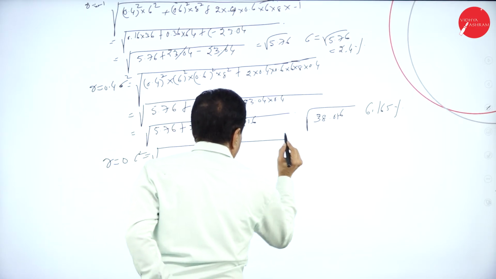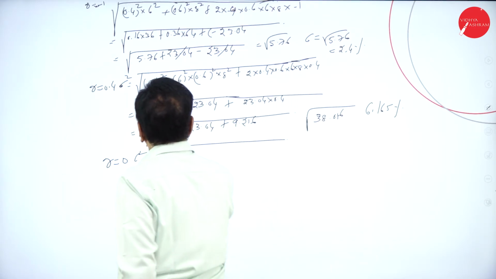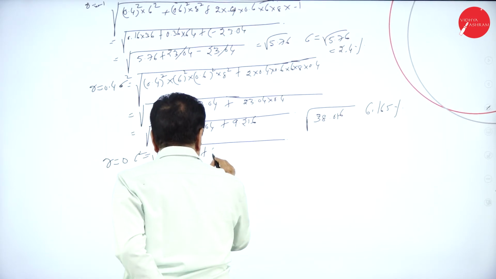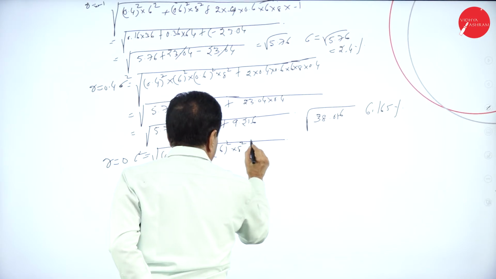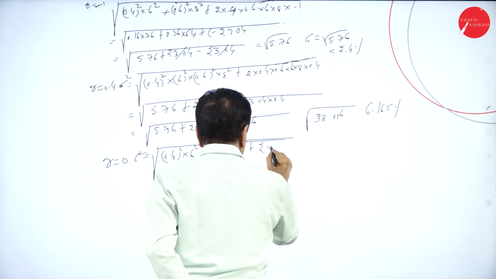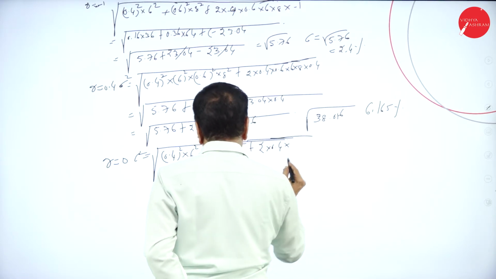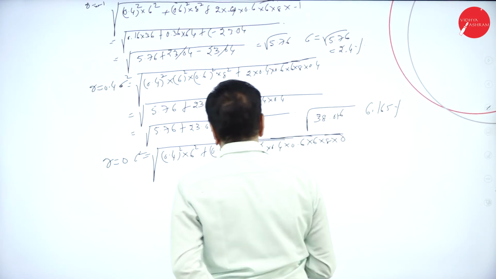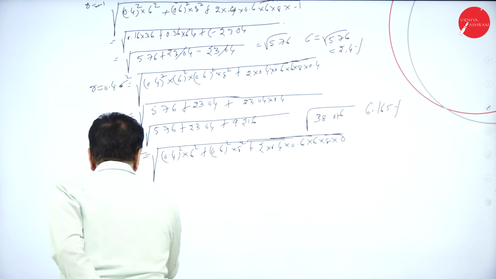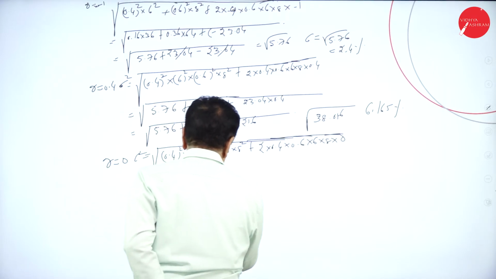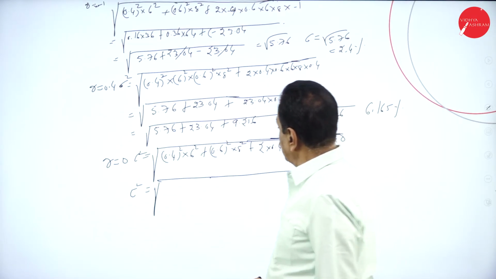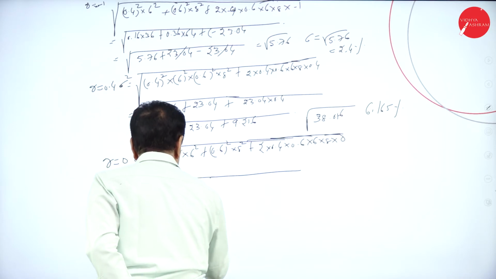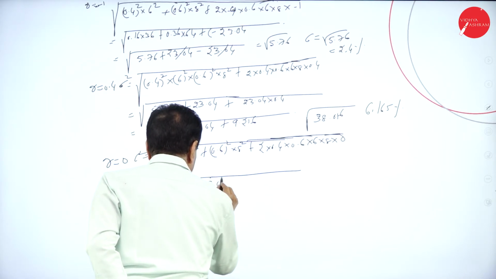Root of, directly we can write, 0.4 whole square into 6 whole square, 0.6 whole square into 8 whole square plus 2 into 0.4 into 0.6 into 6 into 8 into 0. Direct answer. So 5.76 plus 23.04.